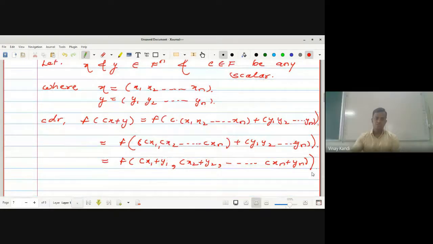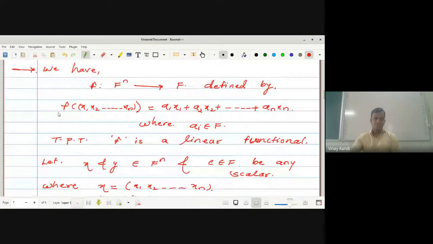Now by the definition of f, f of x1, x2, up to xn is equal to a1 x1 plus a2 x2 plus up to an xn.